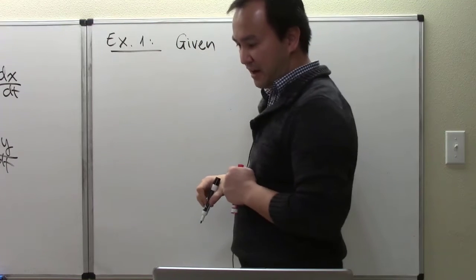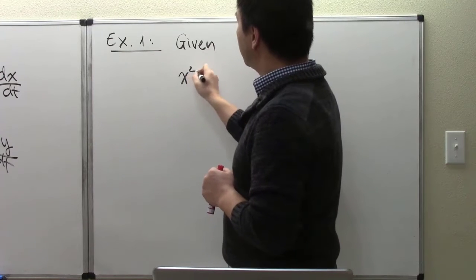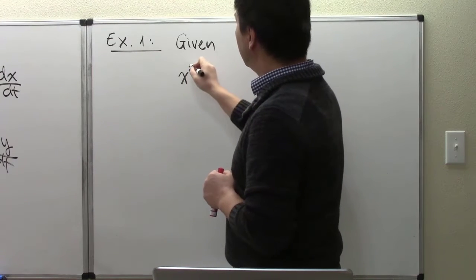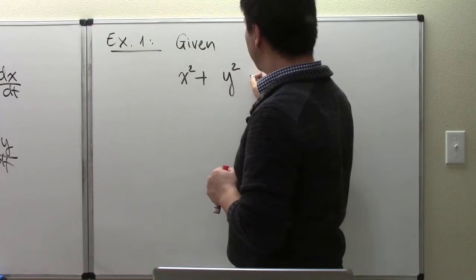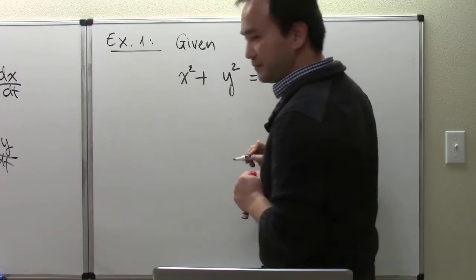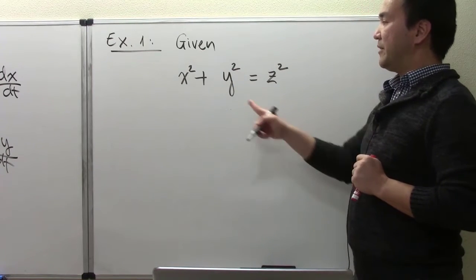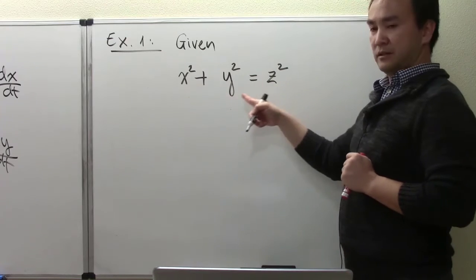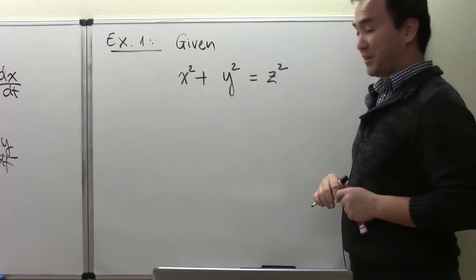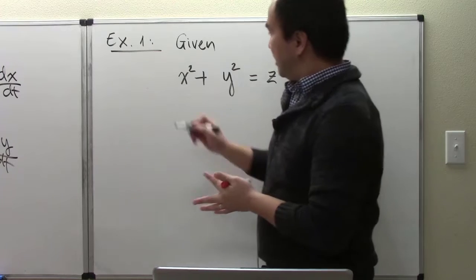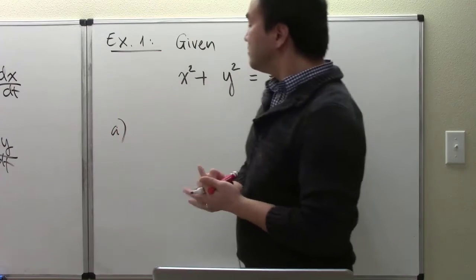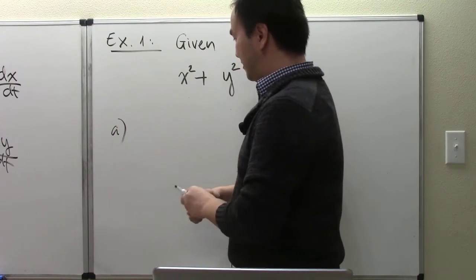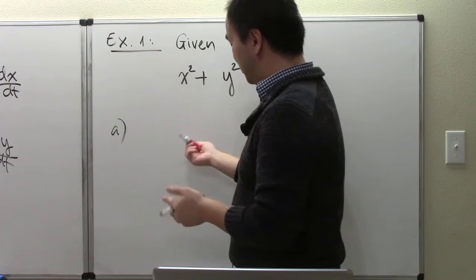So what I have here is x squared plus y squared equals z squared. So what I have here is an equation with three variables. And you will have a nice full understanding after we get through with these examples.